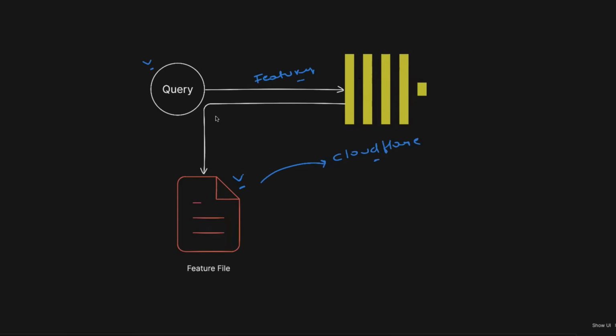Understand this carefully. Now, this query runs on the ClickHouse database. It reads all the feature definitions. It builds a feature file, and this feature file is forwarded to all the Cloudflare servers in the world. This is where things went wrong.